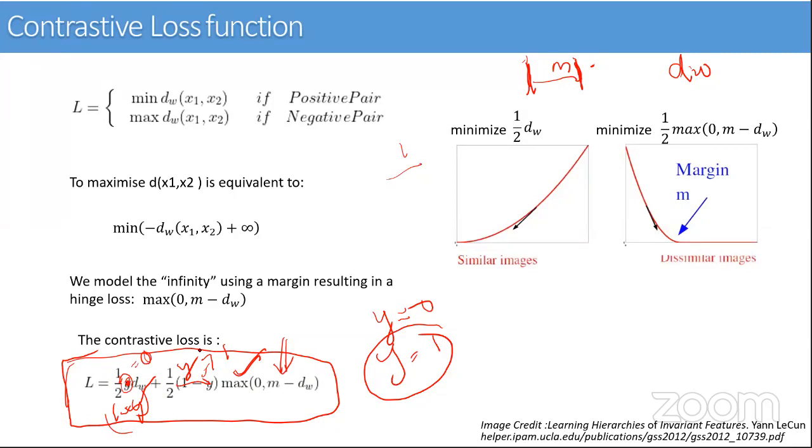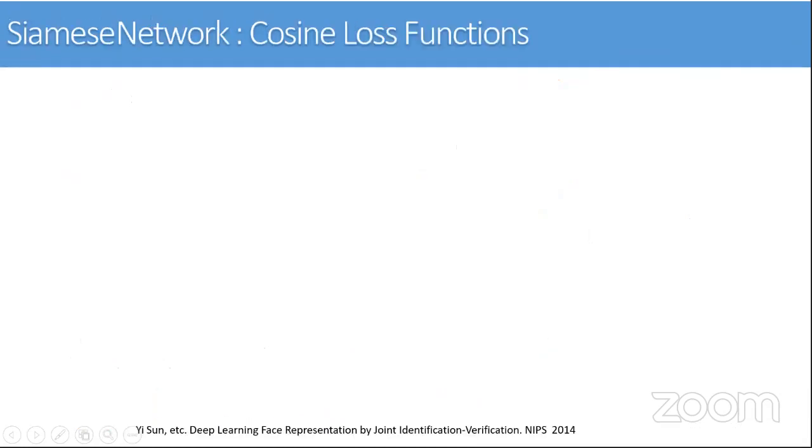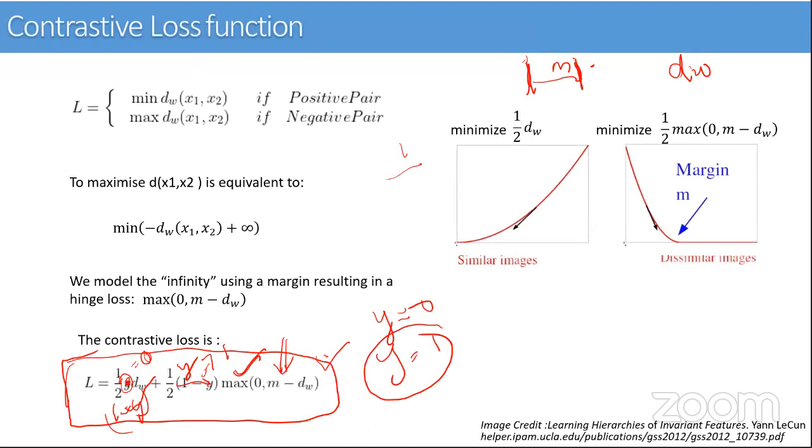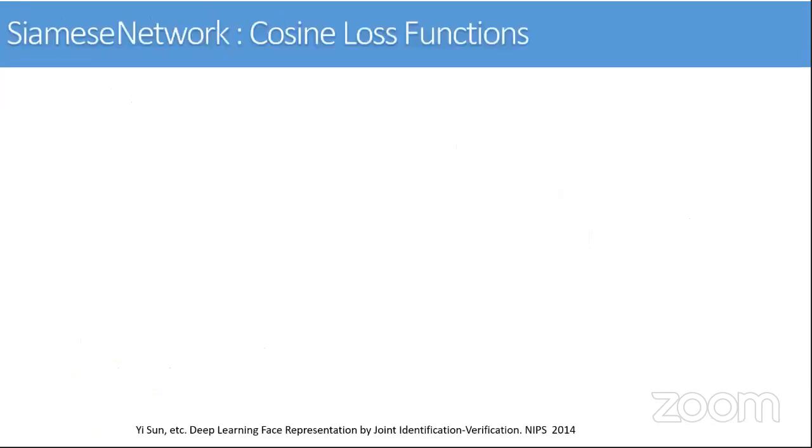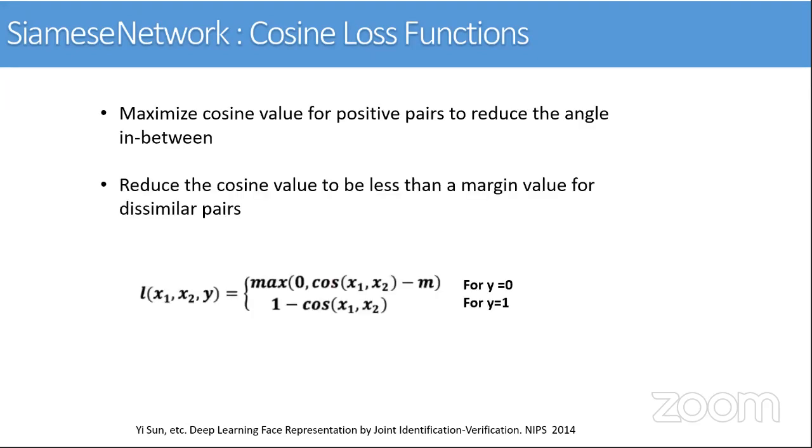Yes. Okay. So this is the final contrastive loss function which we are talking about. Now let's examine this. We'll examine this contrastive loss function in detail. Before that, I just want to mention another popular Siamese loss function, where the idea is to work with angles of the feature vectors.